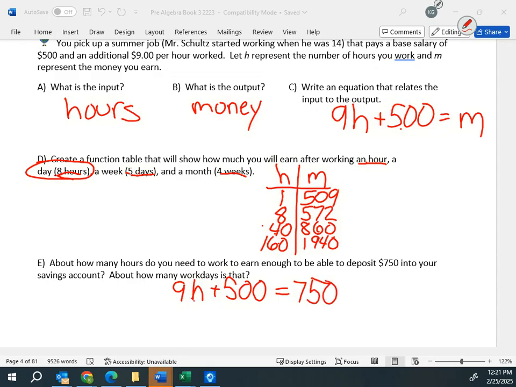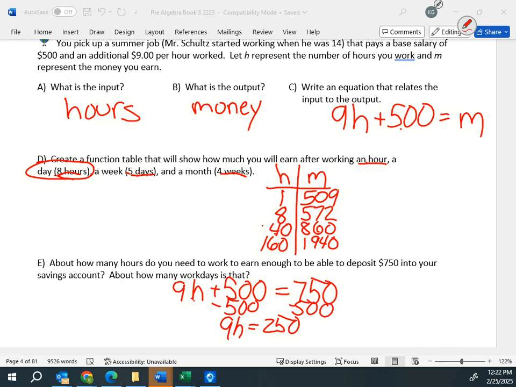I want to solve for the H. So I want to do those opposite operations that we know how to do. Our first opposite operation is subtracting. So I'm going to subtract 500. And I have 9H equals 250. What's my next step?